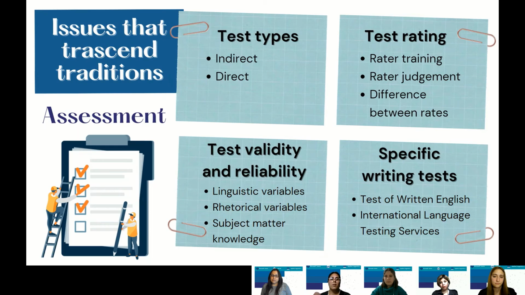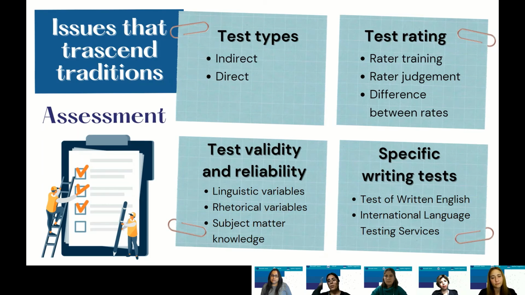In addition, a number of variables that could potentially affect ratings have been explored. These include linguistic variables, rhetorical variables, and the writer's subject matter knowledge, cultural expectations, nationalities, reading comprehension, and the amount of reading done in both their first and their second language. And finally, some specific language writing tests have been developed, deployed, and critiqued.